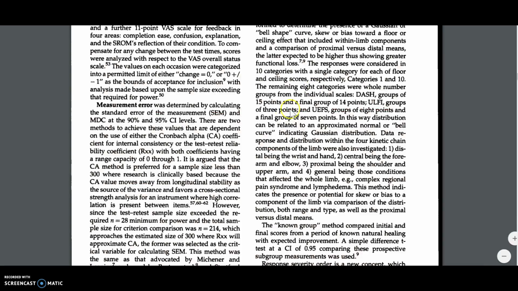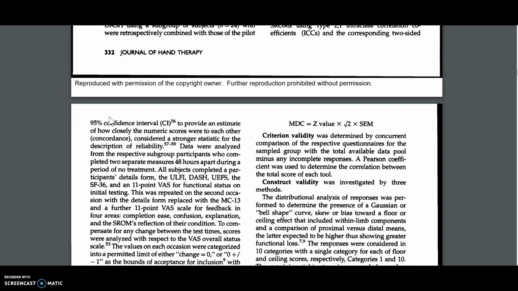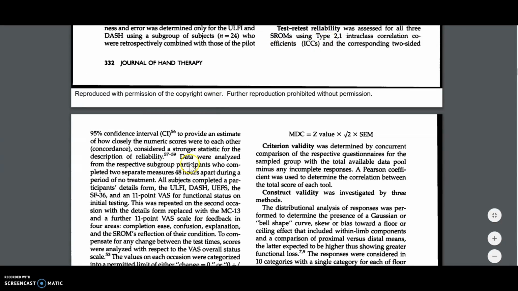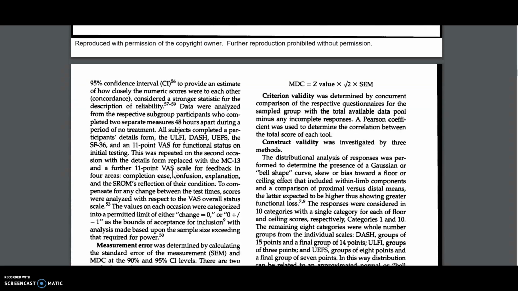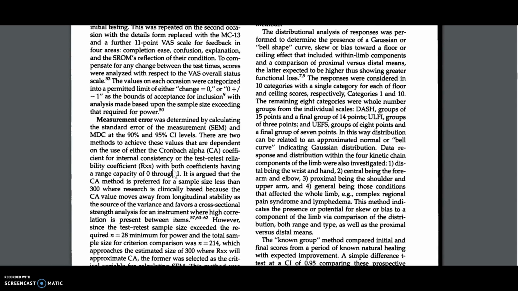So let's go back and say what we're talking about. Earlier, they talked about testing for retest reliability. And within that, to test retest reliability for all three of the outcome measures, they used the intraclass correlation coefficient. Well, it's not enough to just test retest reliability using that intraclass correlation. We also have to test for error so that whatever answer we get using that intraclass correlation, that true value, we know where that true value fits.